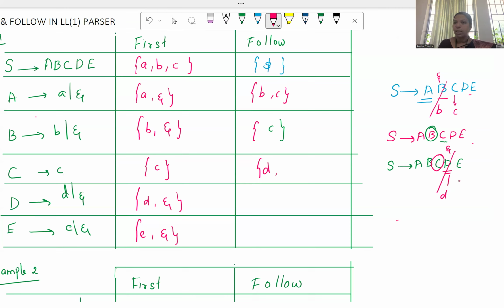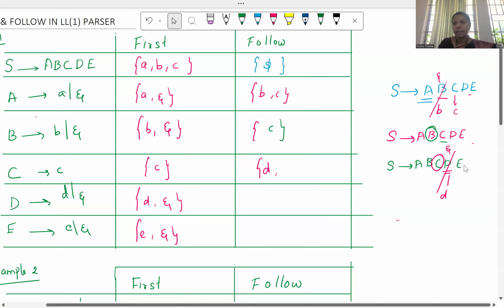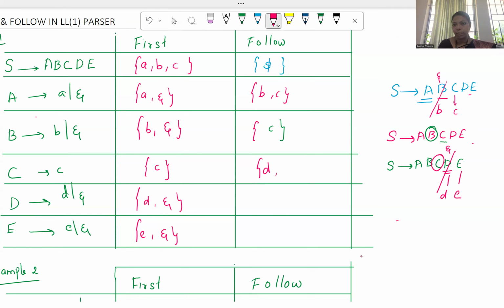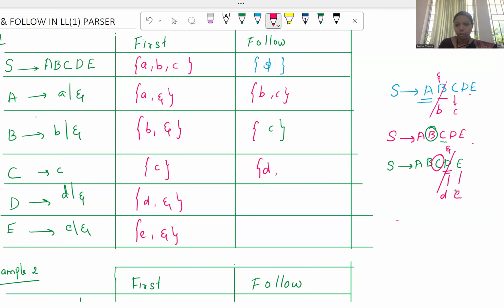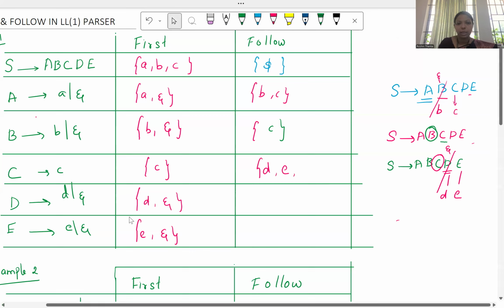It cannot be there. In that case, who is the follower of C? E. So you have to say first of E. Who is first of E? E and epsilon. So E has an option, either it can be small e. So C can be followed by E, and in that case small e will be following. But you can see this also has an option of epsilon. So if this becomes epsilon, which means empty, nobody is following after C. If nobody is following after C, now the rule is we have to find the follow of the left hand side.